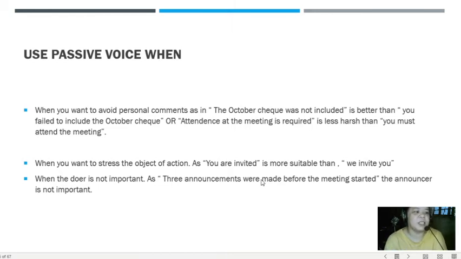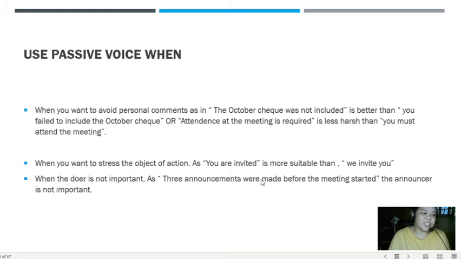Okay? So "Attendance at the meeting is required" is less harsh than "You must attend the meeting." When you say you must attend the meeting, it sounds like you're giving an order, but if you say attendance is required, then it's better for the people hearing your message.